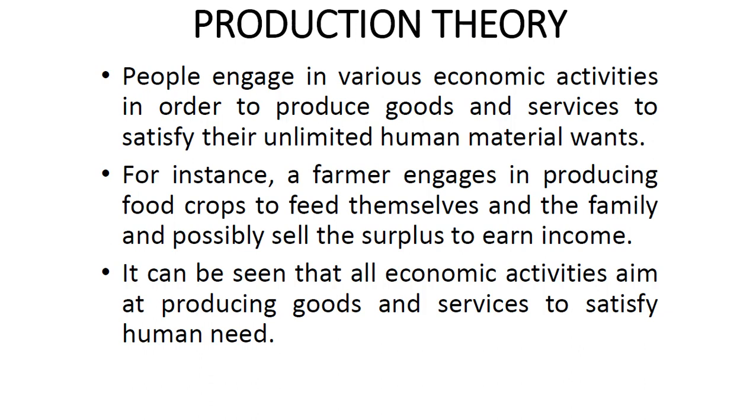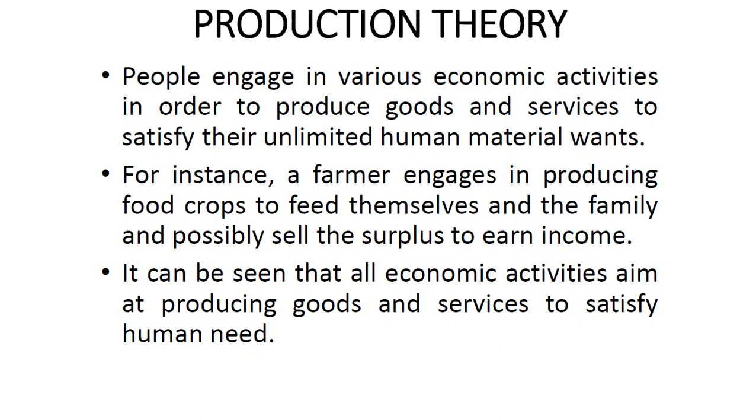Now, just as consumers maximize utility, producers also aim at profit maximization. The reason why people are in business is to make profit, and to make the maximum profit. So the underlying theory of the supply curve is the fact that when people set up business, their aim is to maximize profit.